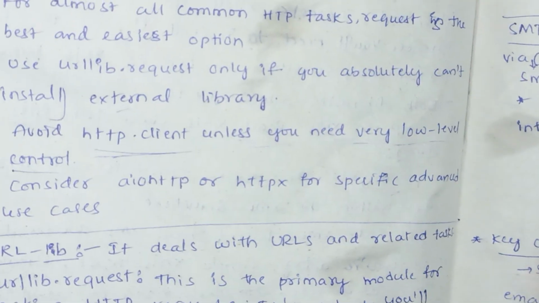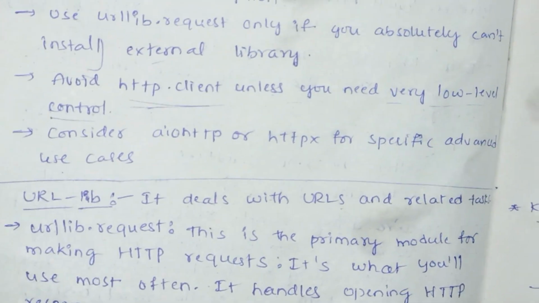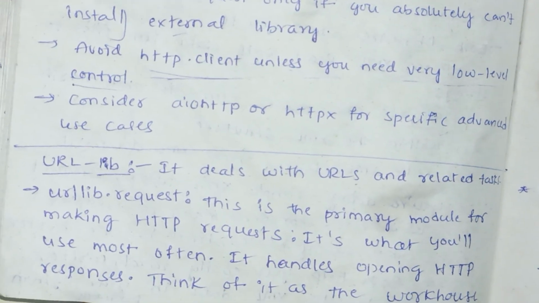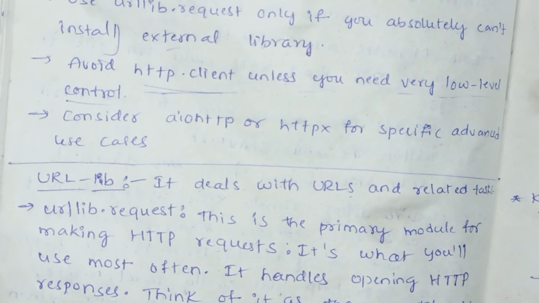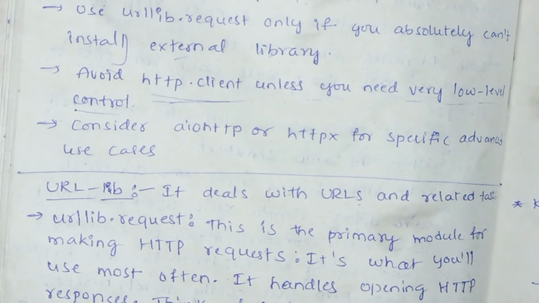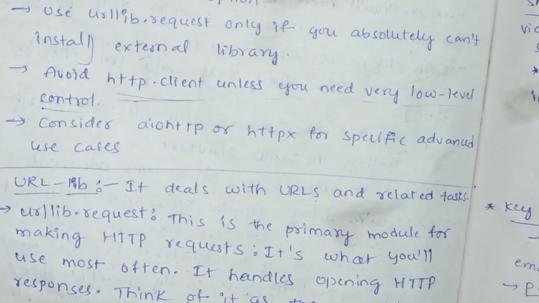Okay, next topic is urllib. We know that every website or web page has some specific link or address. That is nothing but the URL. urllib deals with URLs and related tasks.